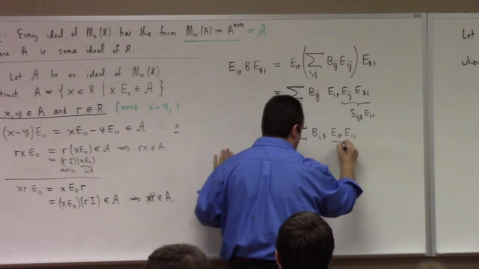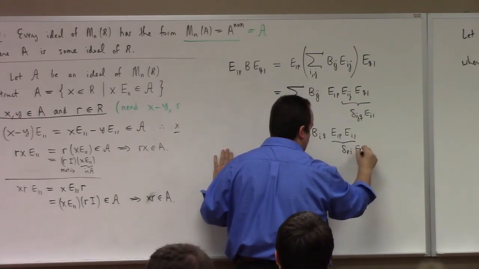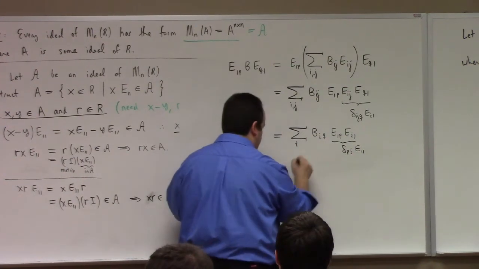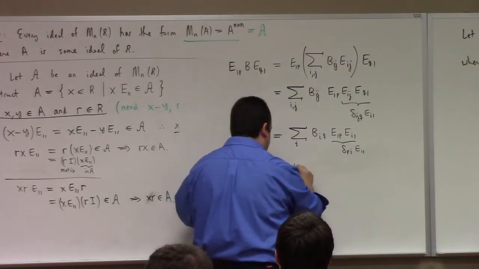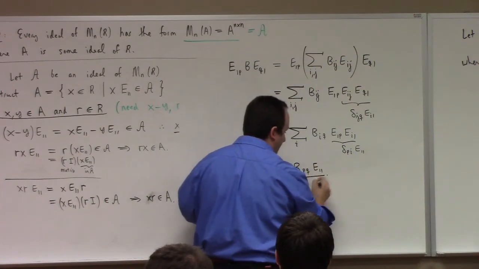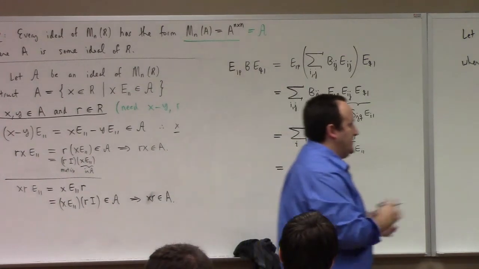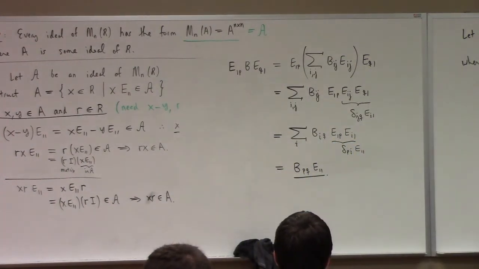Then this gives me Kronecker delta P,i times E_11, which kills this sum off and gives me b_PQ E_11, as I claimed. The standard linear algebra calculation, really.